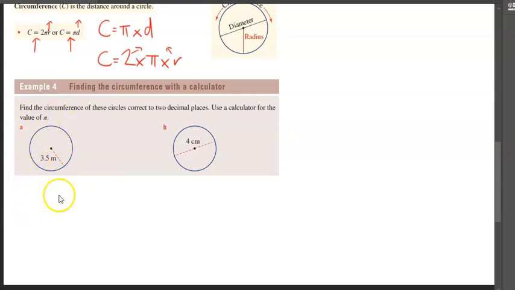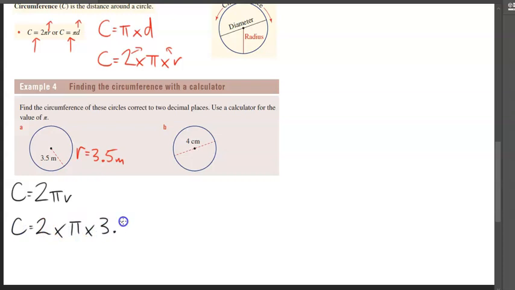What's been given here is the radius, 3.5 meters. So the one that requires a radius is C is equal to 2 pi r. We know what r is, it's 3.5. So the circumference is equal to 2 times pi times 3.5.